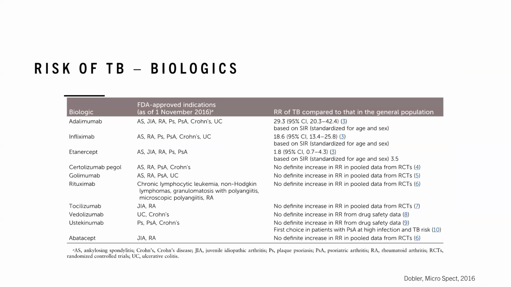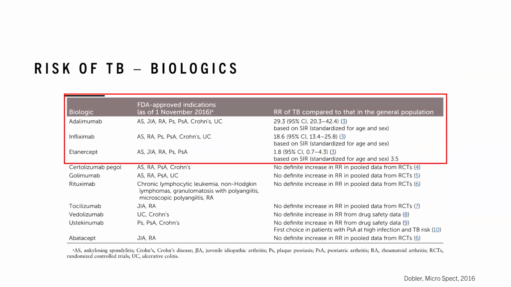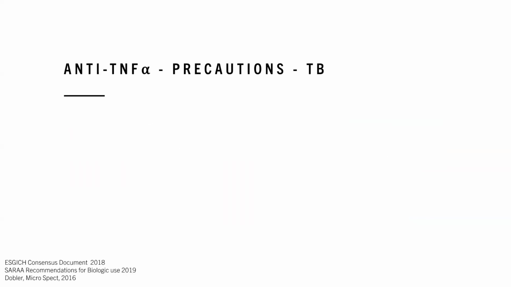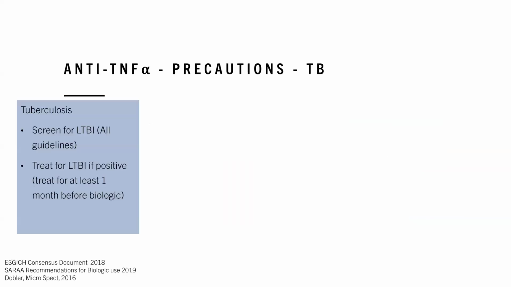If we look at general risk of TB associated with biologics, adalimumab and infliximab are the highest risk, etanercept as well. This is all TNF alpha inhibitors, and the others have a moderate increase in TB, but nothing like anti-TNF alphas.